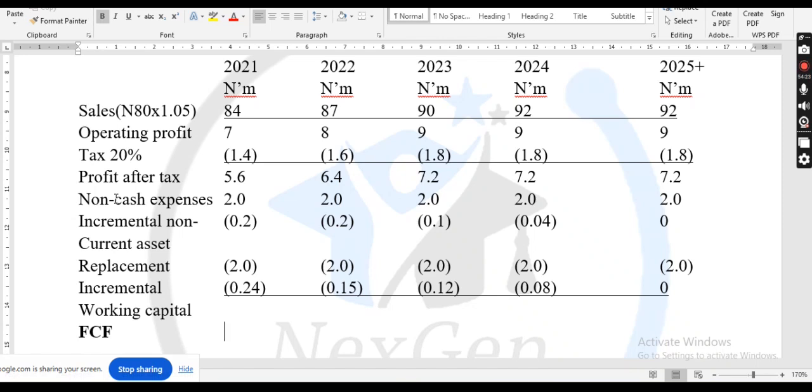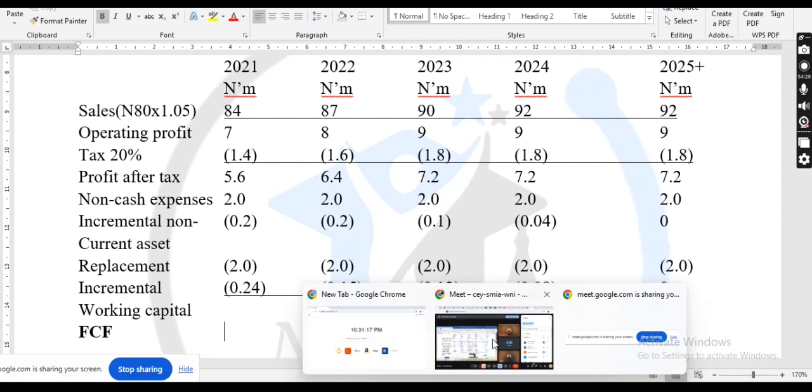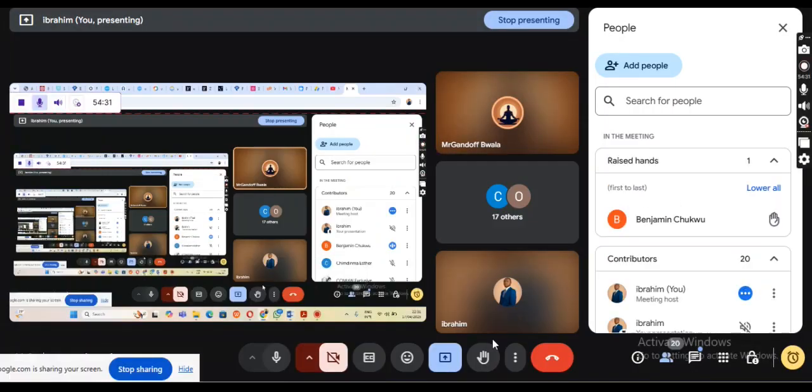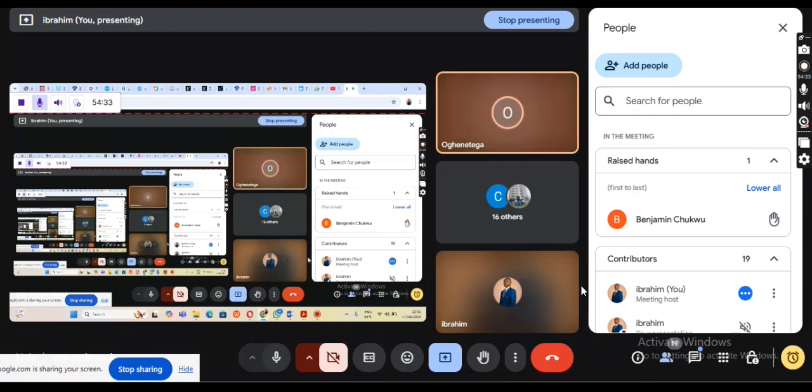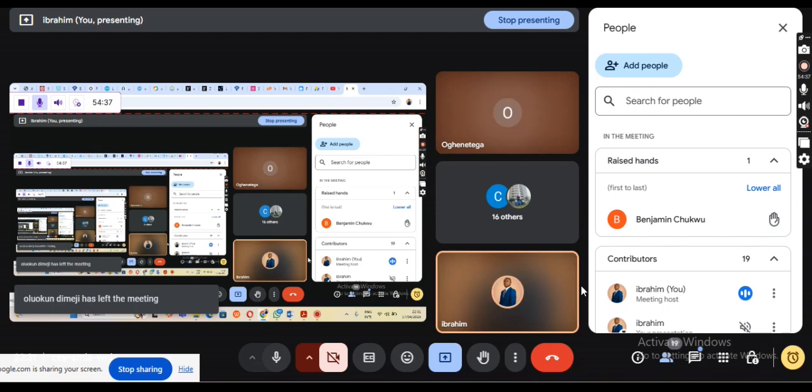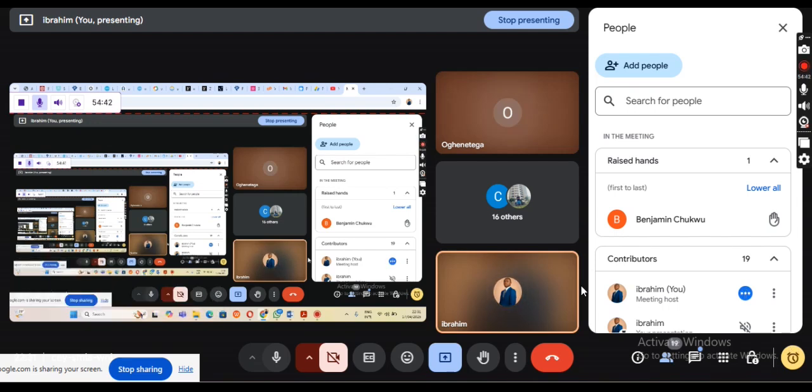Mr. Ibrahim, the replacement you included, is it part of our format in our free cash flow? Yes. Replacements. I added replacements. If I did not add it, go and add it. Replacement of an asset, I added it.